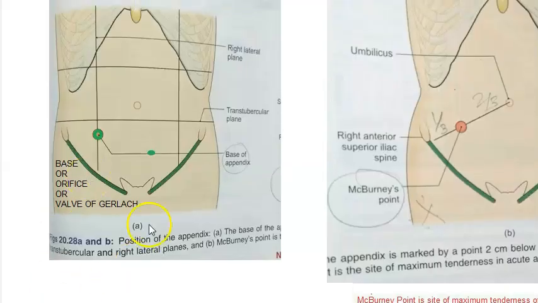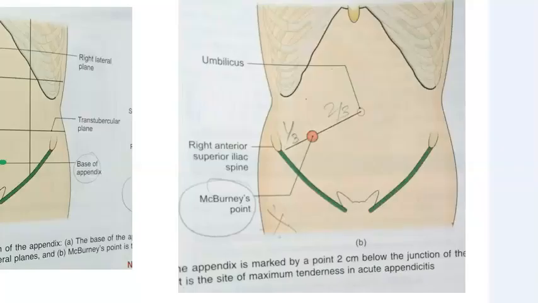Here you can see the base of the appendix has been marked, the base or orifice or valve of Gerlach, and here is McBurney's point.